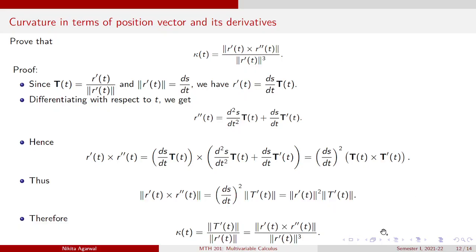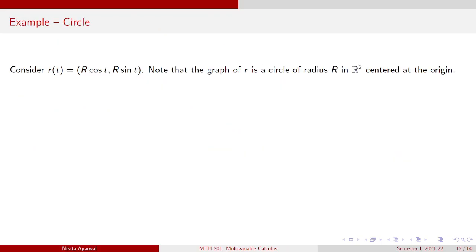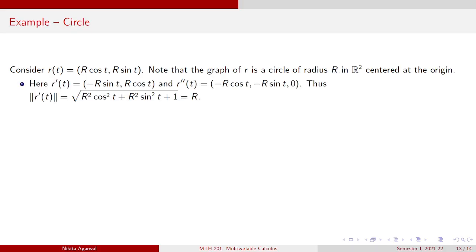So let us look at two examples where we will compute kappa(t), or the curvature. Consider this function (R cos t, R sin t). This is the graph. This is the parameterization of a circle of radius capital R in R² centered at the origin. R'(t) you can compute, R''(t) you can compute, and the norm of R'(t).